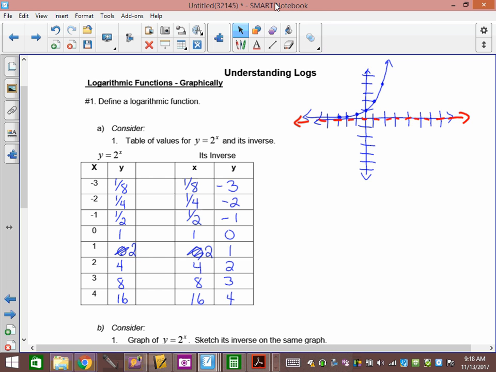Okay. Now if I draw the other one, it's at 1/8, -3; 1/4 and -2; 1/2 and -1; 1 and 0; 2 and 1; 4 and 2.